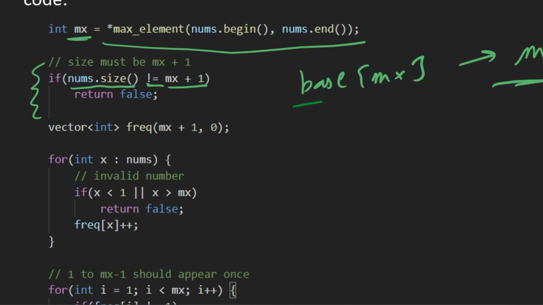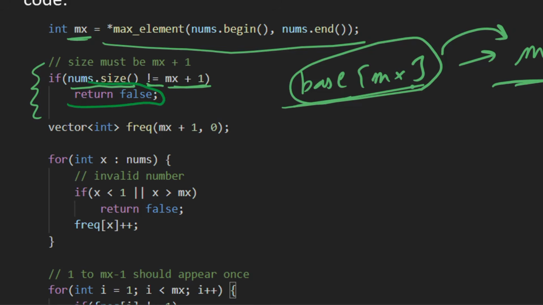So if the array is base of mx, then it should also have mx plus 1 elements. If the array does not have mx plus 1 elements, then it can't be a base of mx, so we return false, right? So this is the first condition.